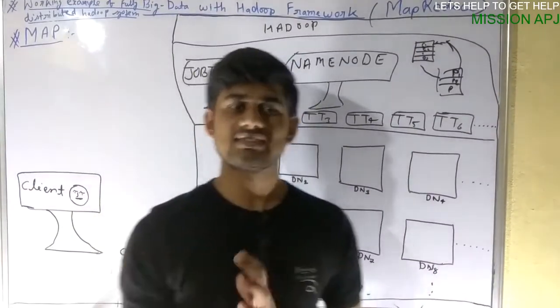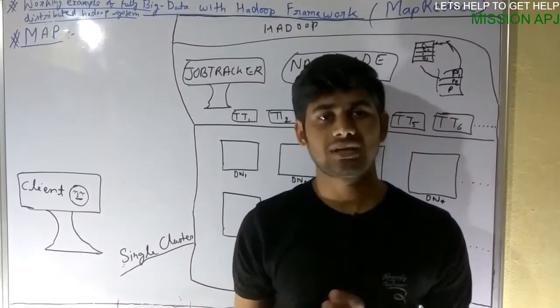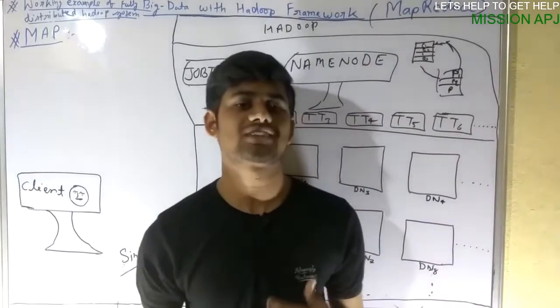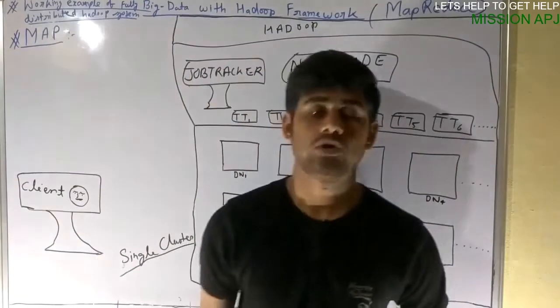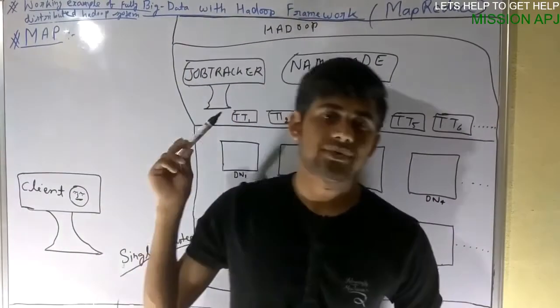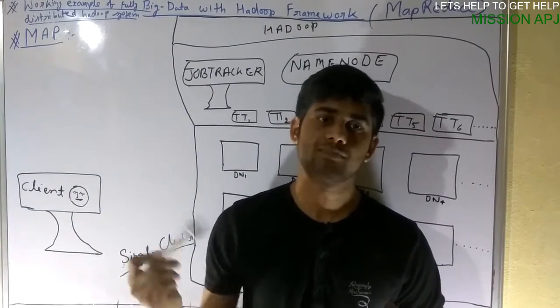That mapping is different, that is memory mapping. But this map is not memory mapping. This map involves an algorithm which processes the data. As this map involves a mapper algorithm, that's why it is called the map process.